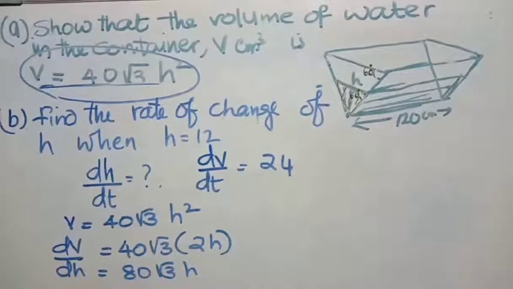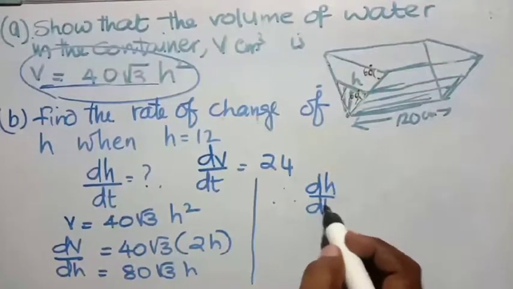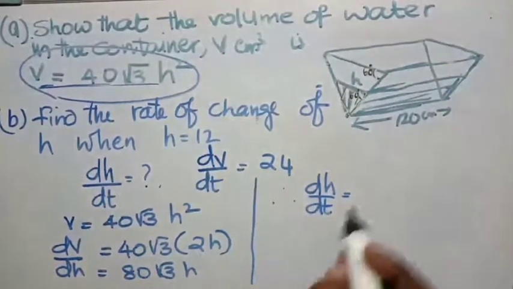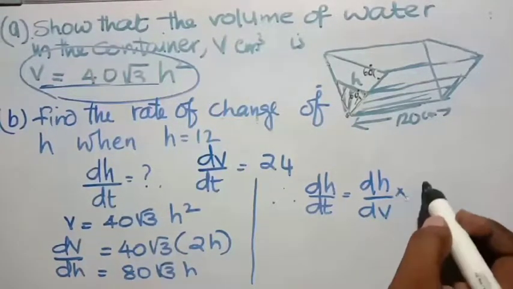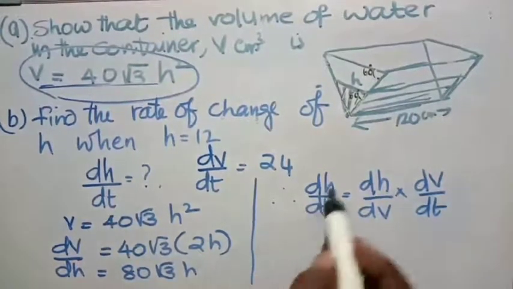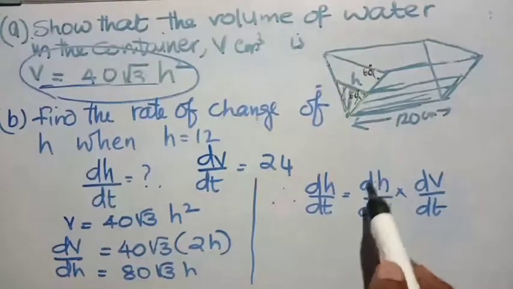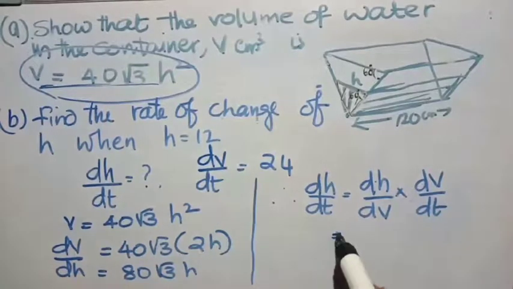We get dv by dh is 80 root 3 h. Therefore, we want dh by dt. You know dh by dt is dh by dv multiplied by dv by dt. But you know dv by dh is 80 root 3 h.